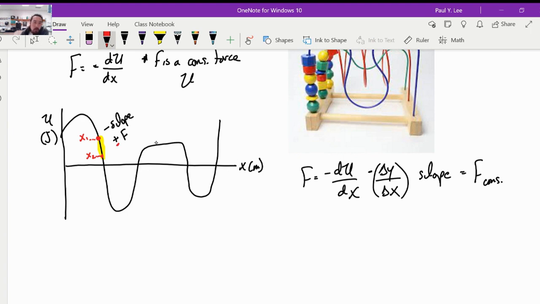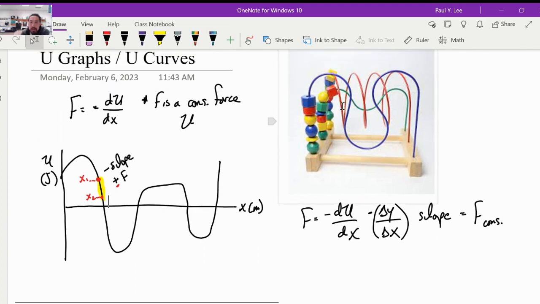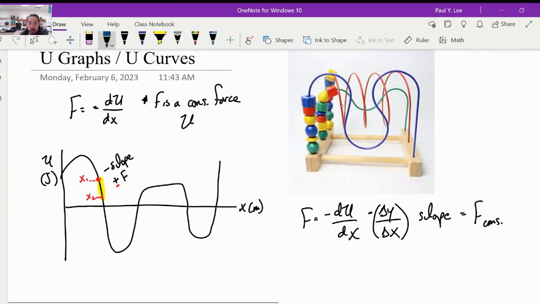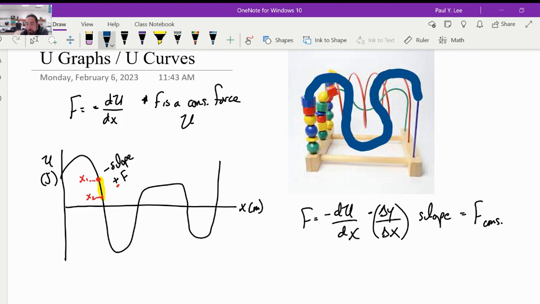You might be wondering, for this graph, where would the equilibrium be? Well, let's go back to this image of the baby toy. I'm going to redraw over the baby toy so you can see exactly what part of the curve we're talking about. I'm looking at that blue wire here, and I'm redrawing over that blue wire. So if you want to do a quick little sketch of this curve here.